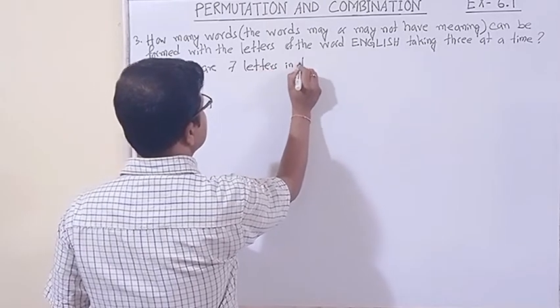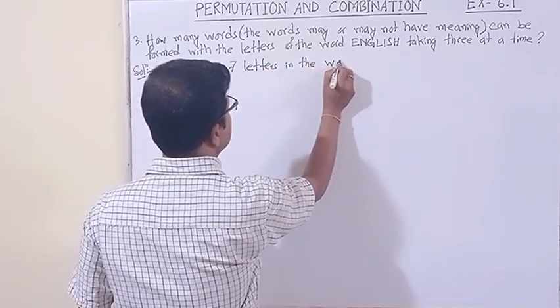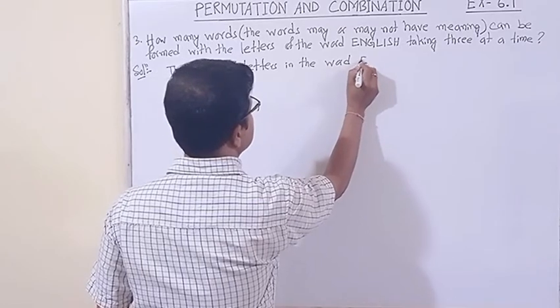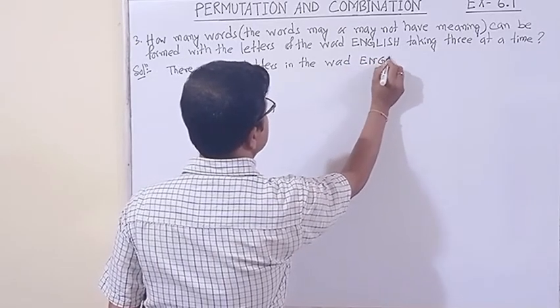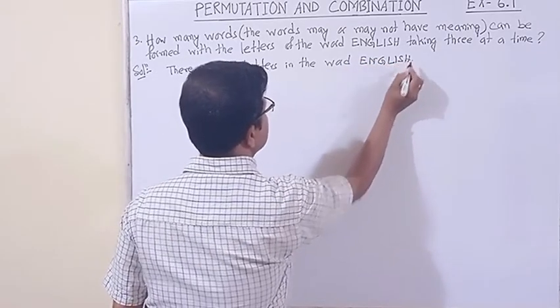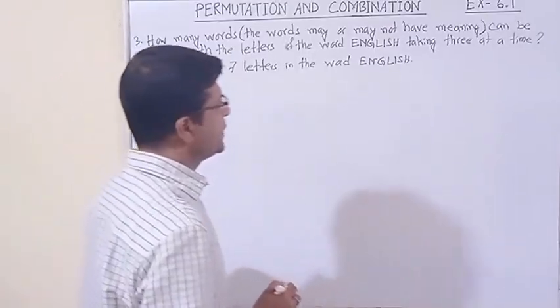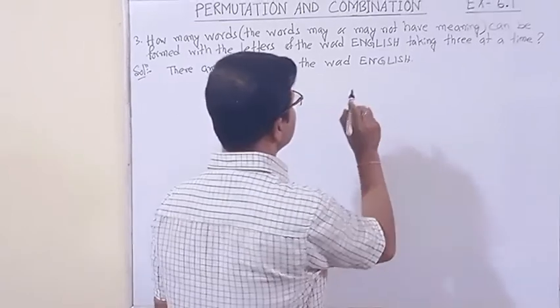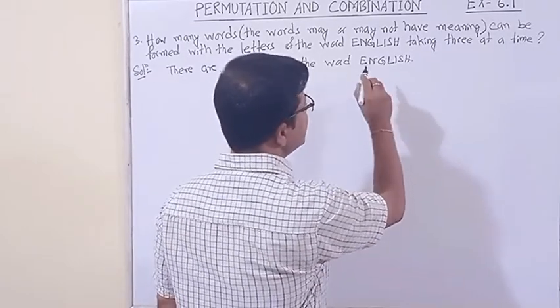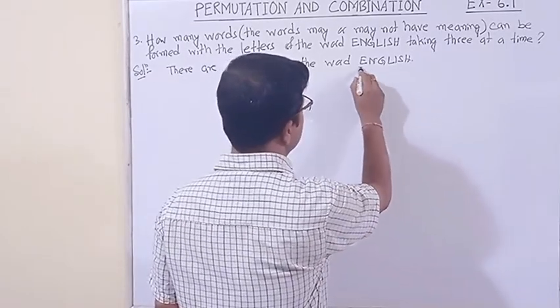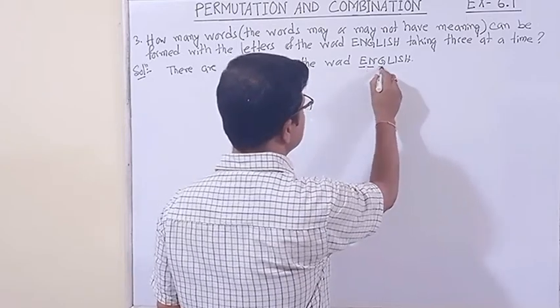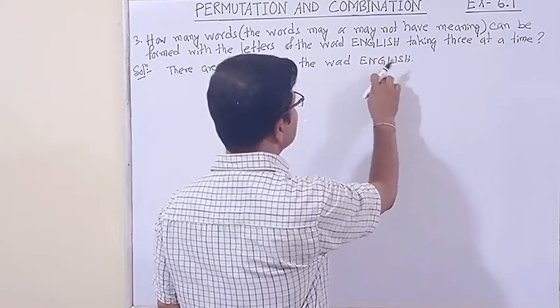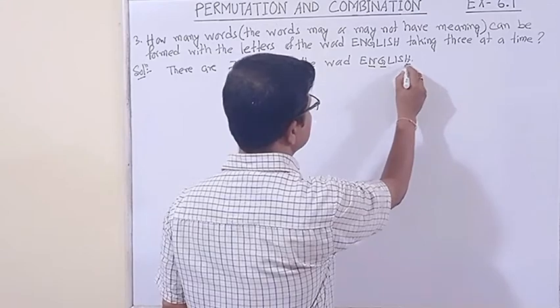in the word English. Now the question is, we have to take 3 letters, either this or this or this, or in other way also you can suppose this or this.